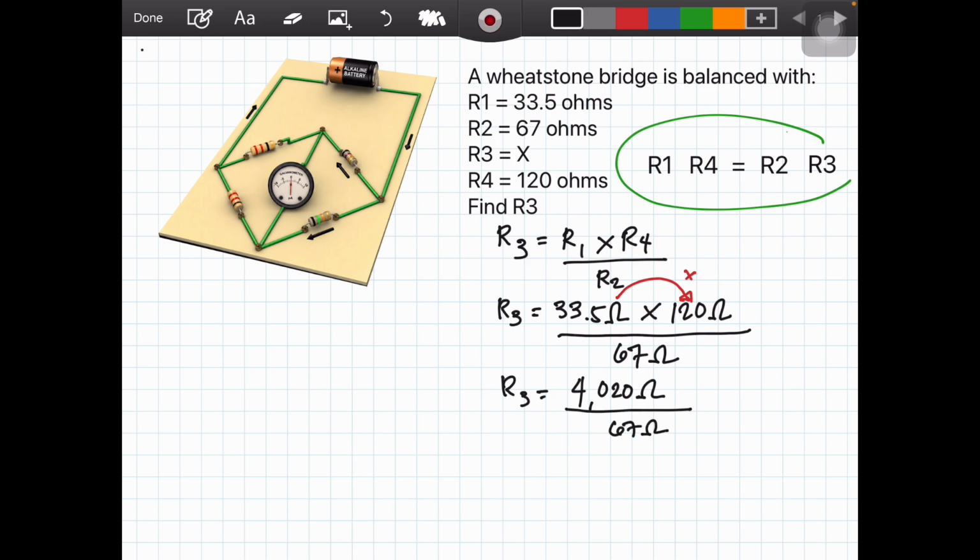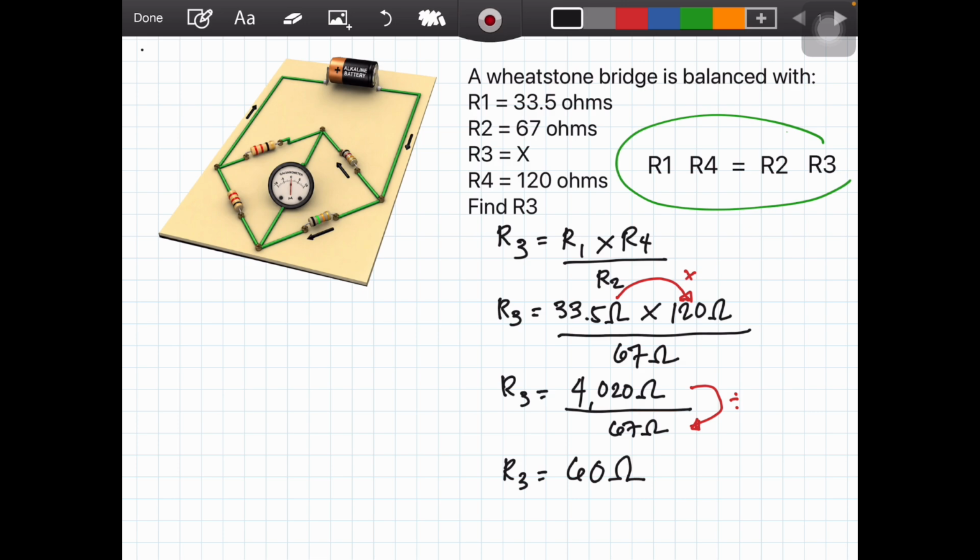Now, what do we do again? 4,020 divided by 67 ohms. So, we write there divide, right? What do we get when you compute that? R3 is equals to 60 ohms. Okay? 60 ohms yung labas.